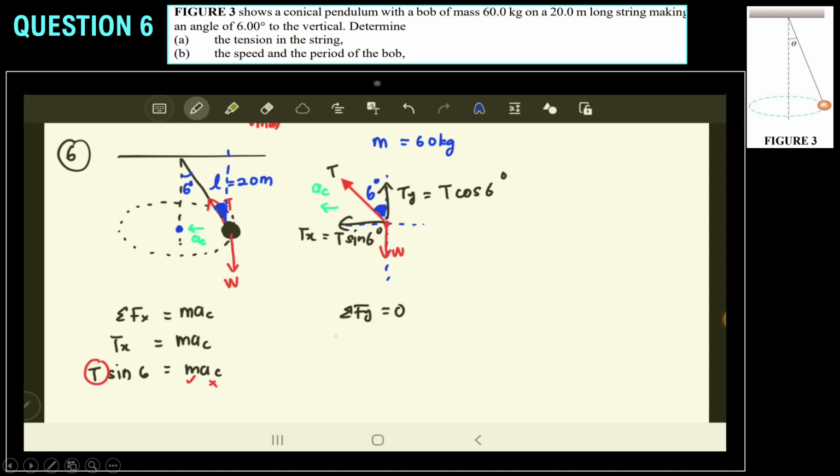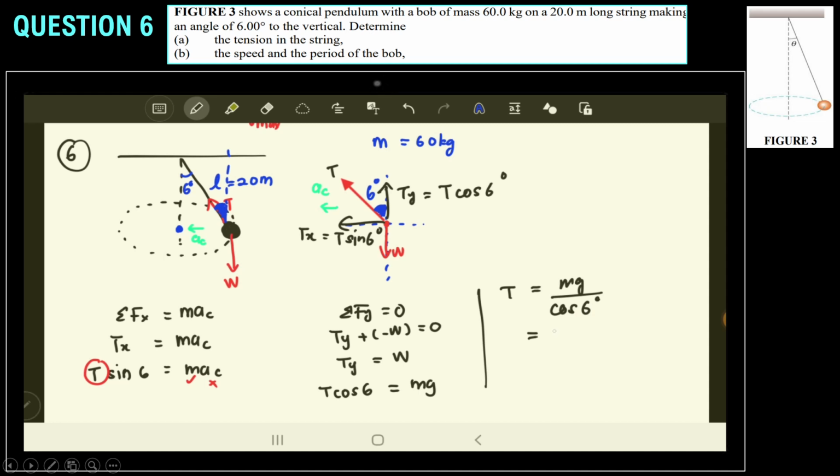Alright, let's move to the second part, which is total Fy is equal to 0. In the y component, we have Ty plus negative W is equal to 0. So Ty is equal to W. Therefore, T cos 6 degree is equal to mg, and we can find T, where T is equal to mg over cos 6 degree.